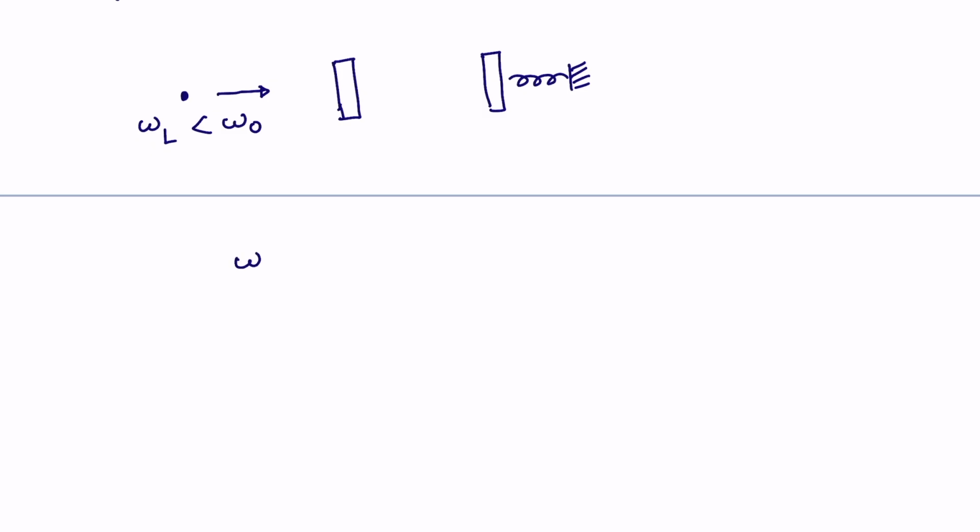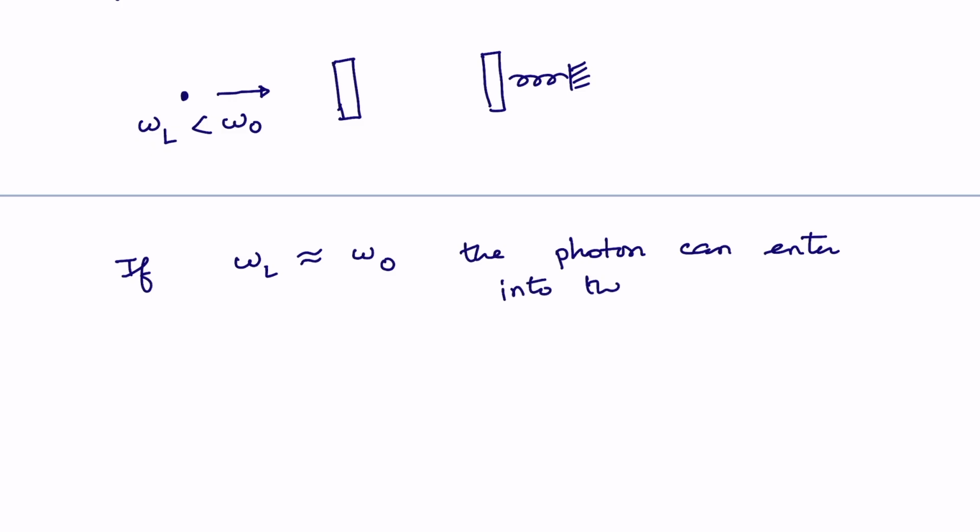That means omega_L should be equal to omega_0, and then the photon can enter into the cavity. But now the photon has less energy than the cavity photon, omega_0. So it has to arrange this extra amount of energy from somewhere so that it can make up for the deficit energy, and then it can enter into the cavity.